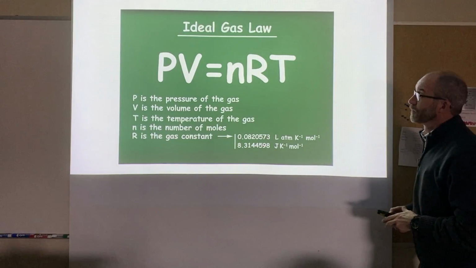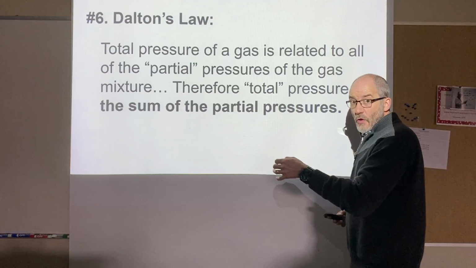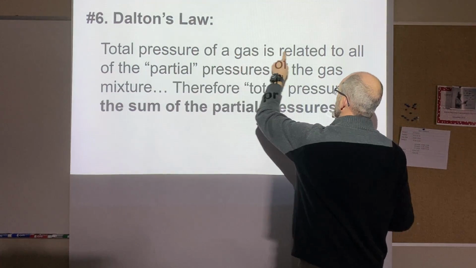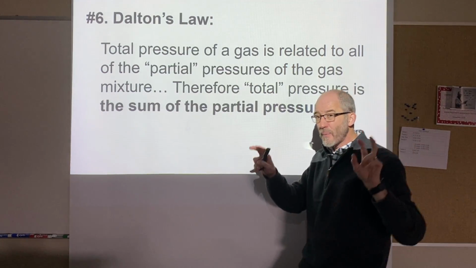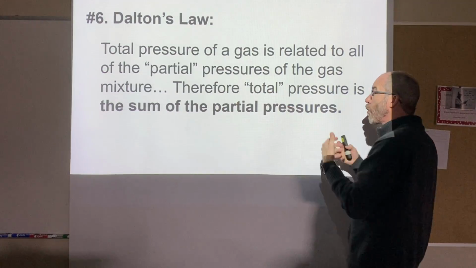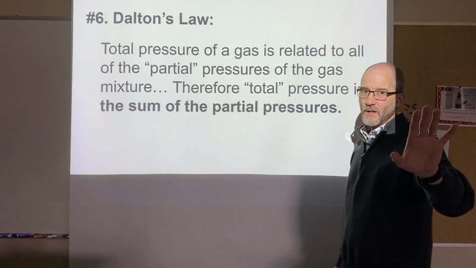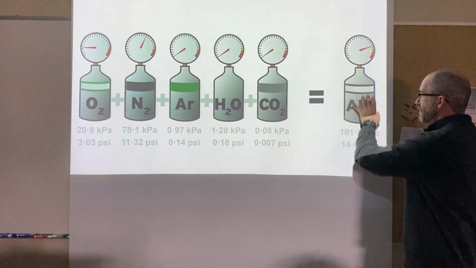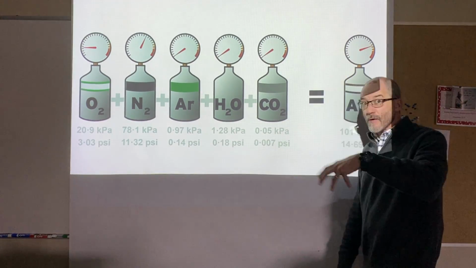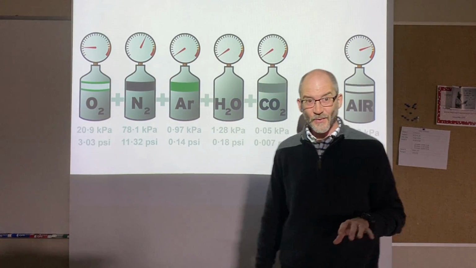Number 6 is Dalton's law. Dalton's law deals with pressures, okay? Total pressure of a gas is related to all of the partial pressures of the gas mixture. Therefore, total pressure is the sum of all the partial pressures. Listen, don't be intimidated by that. If this canister is air as we know it, you know that air as we know it is made up of more than one type of gas, okay?